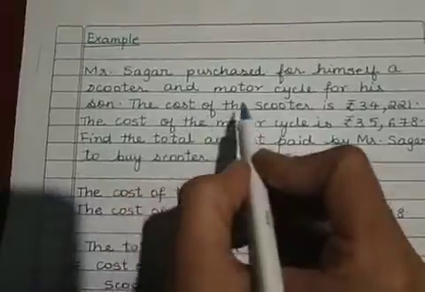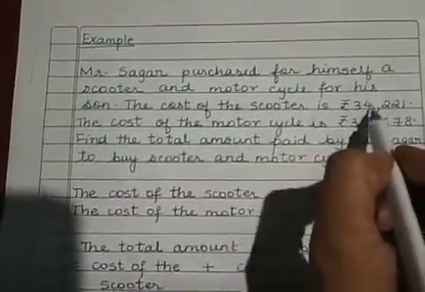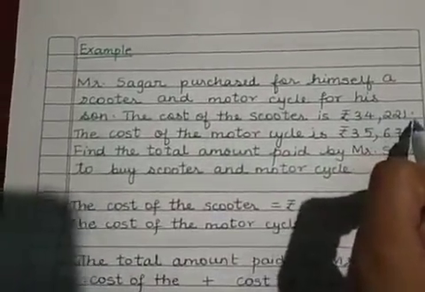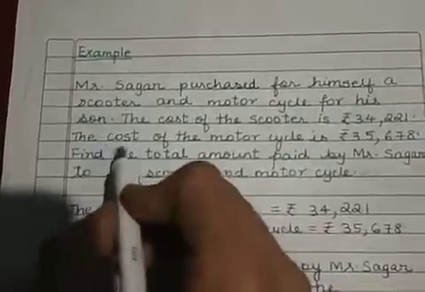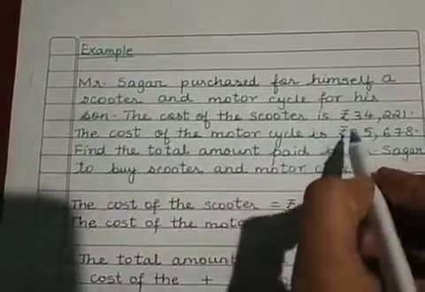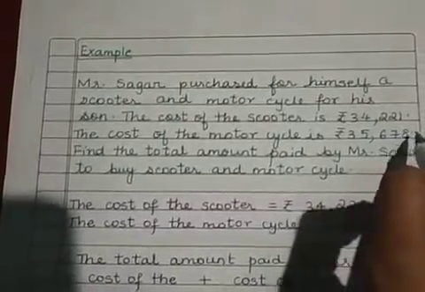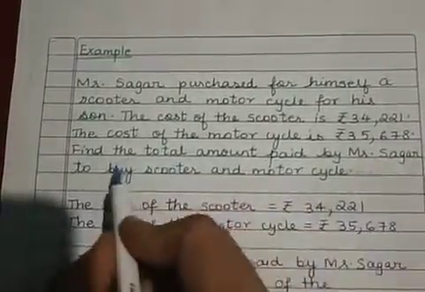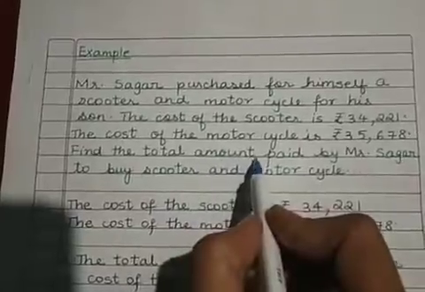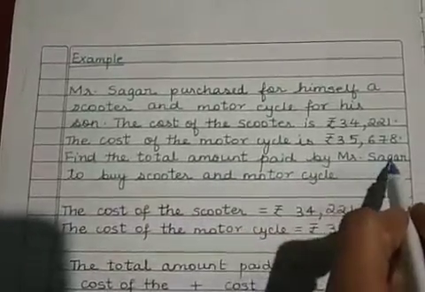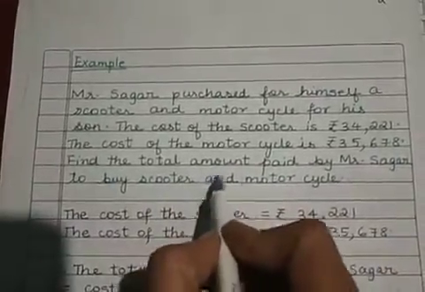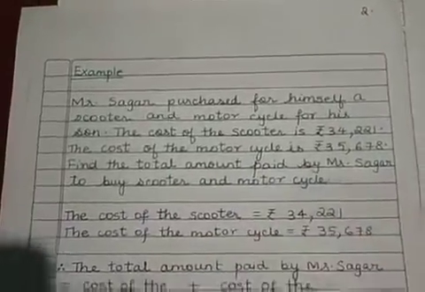The cost of the scooter is 34,221. The cost of the motorcycle is 35,678. Find the total amount paid by Mr. Sagar to buy scooter and motorcycle.